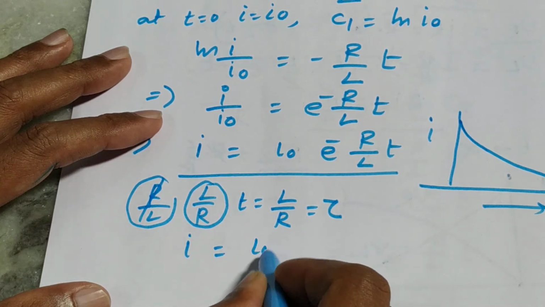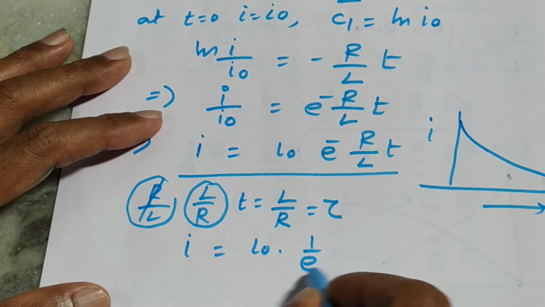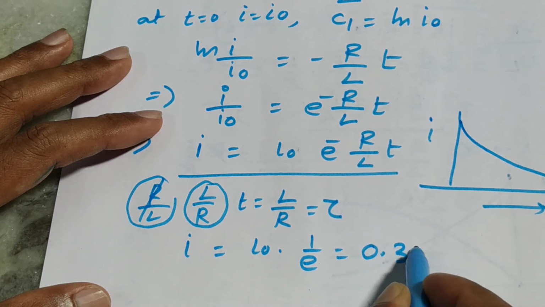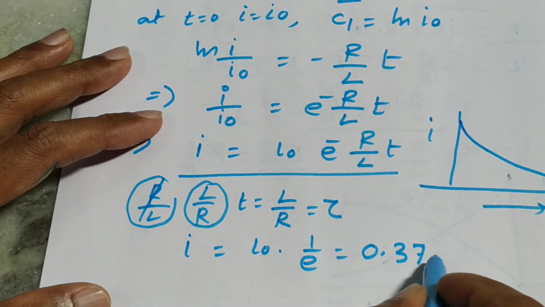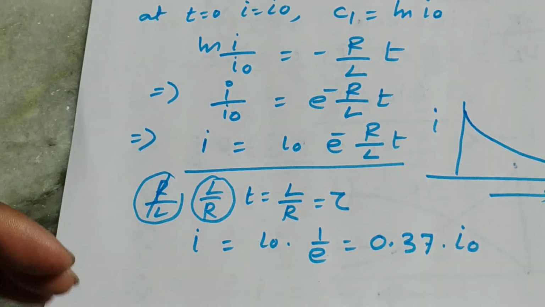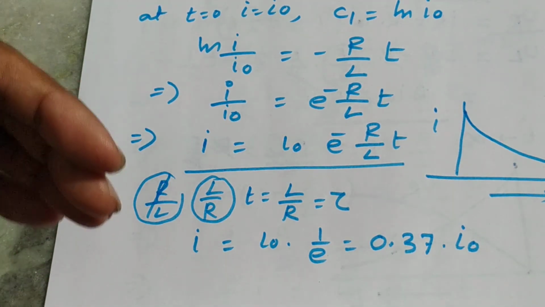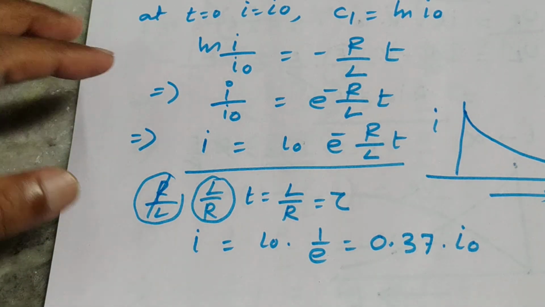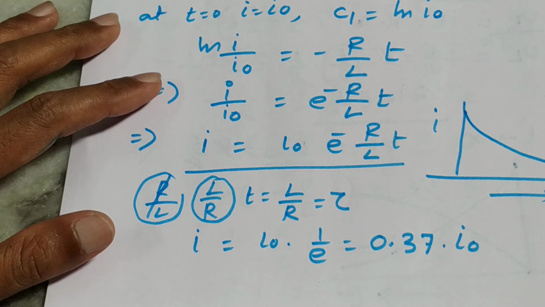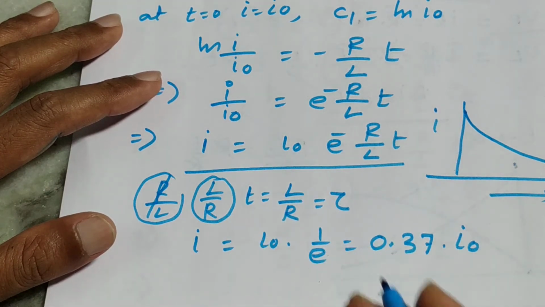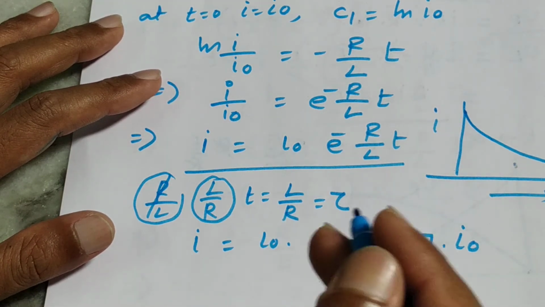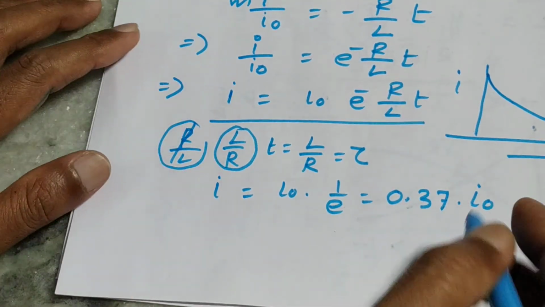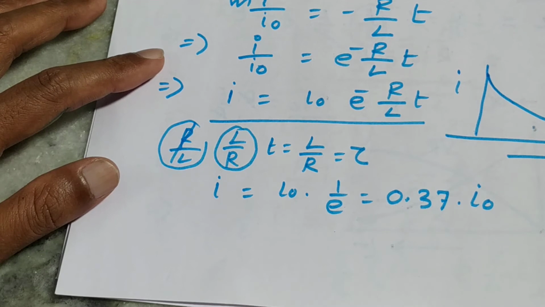I equal to I0 by e, and this is equal to 0.37 into I0. Thus the time constant for decaying of current represents the time during which the current in the circuit decays to 37% of its maximum I0 value, 37%.